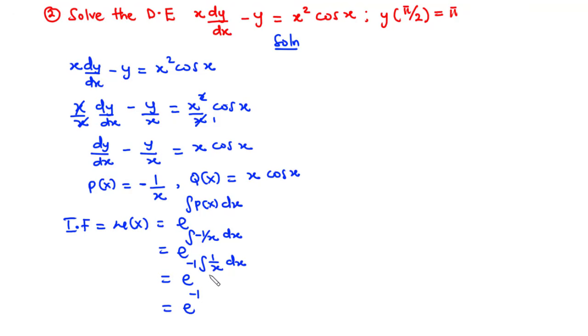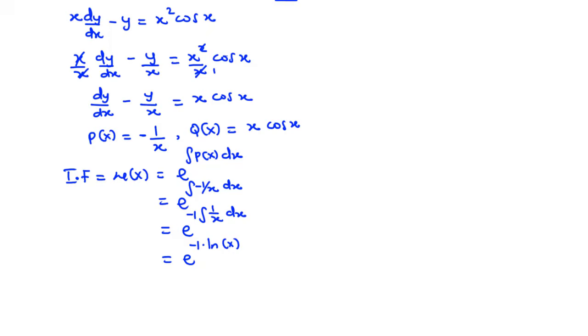So the integral of 1 over x dx becomes ln of x, and then we can further represent this as e to the power ln of x exponent negative 1, which is finally e to the power ln of 1 over x.